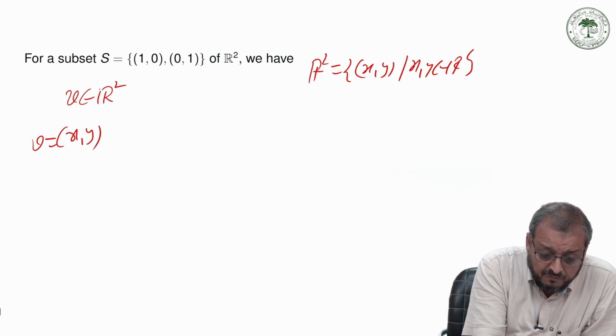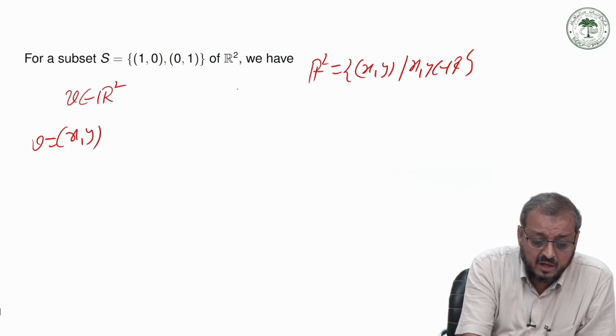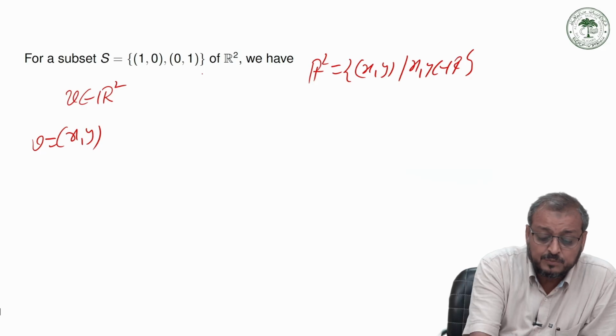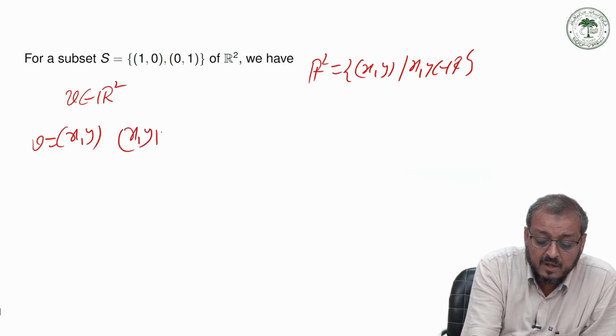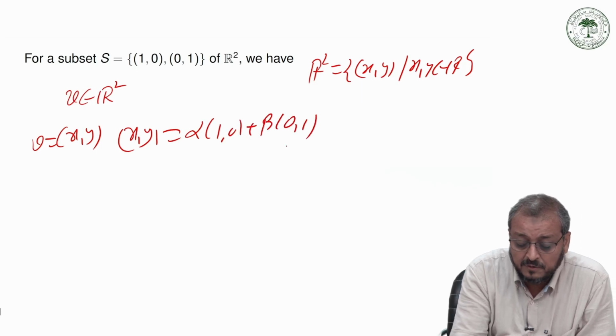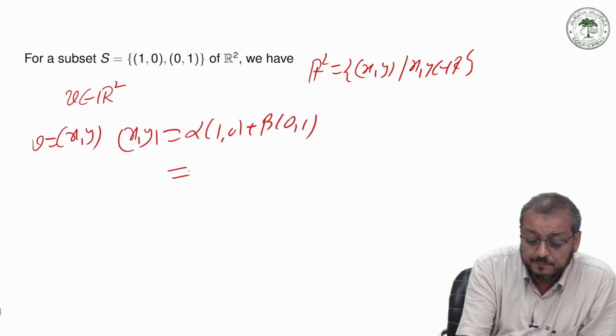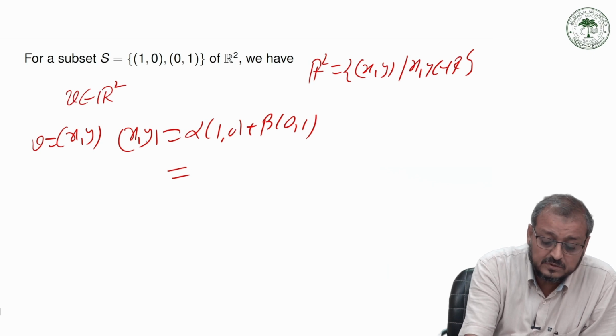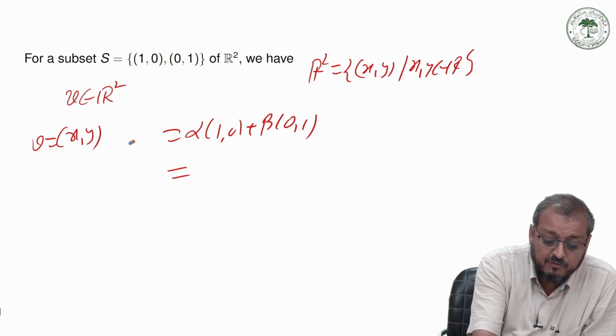To find the span of S for a subset, we ask which elements belong to the span of S. Suppose we take (x, y). It can be written as alpha times (1, 0) plus beta times (0, 1).